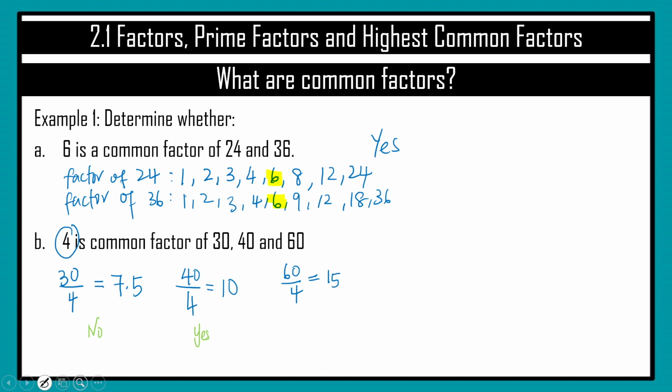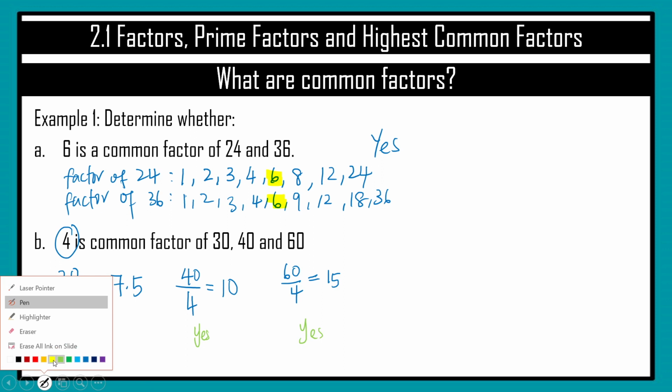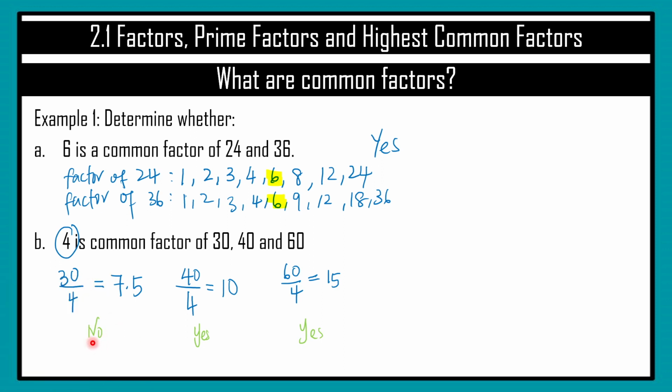This is a whole number, so 4 is a factor of 60. Now if you see here, there is one no, a yes and a yes.